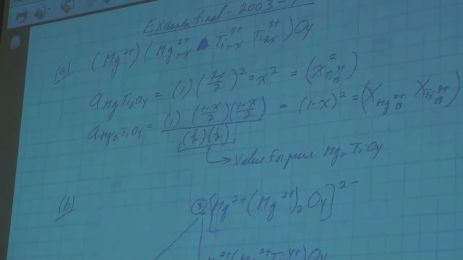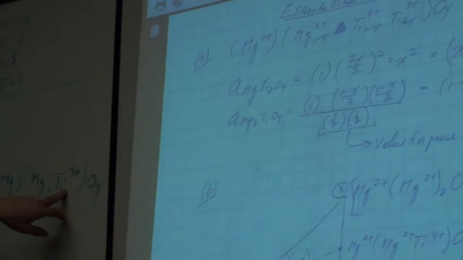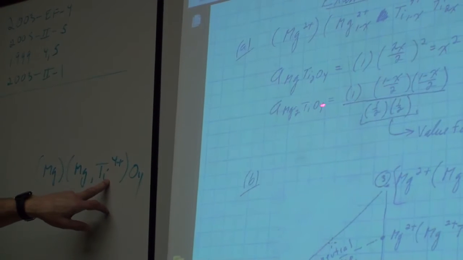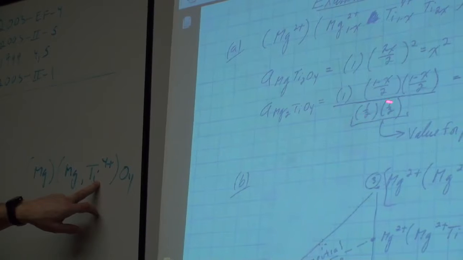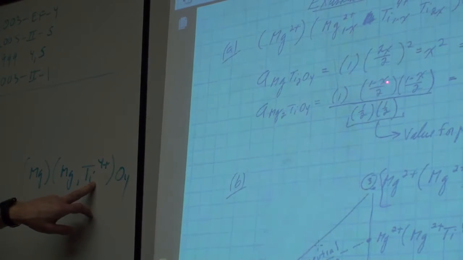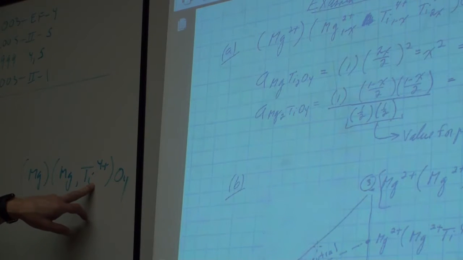Even when you have pure Mg2TiO4, by this formula it's 1/2 times 1/2. So the only way to make this activity equal to 1 when you have no titanium 3 plus is to divide by 1/2 times 1/2. When x is 0, this is 1/2 and 1/2. So this is the activity of Mg2TiO4.